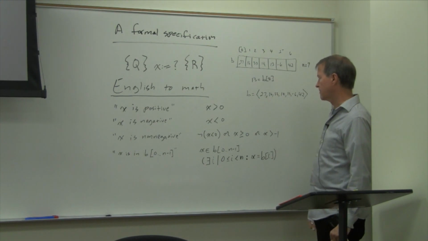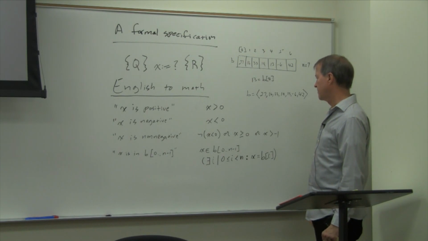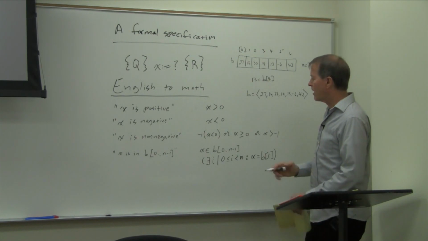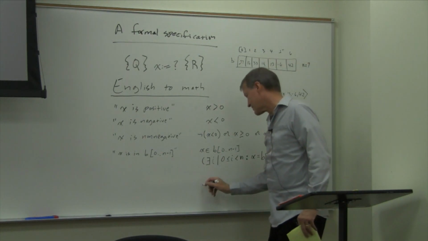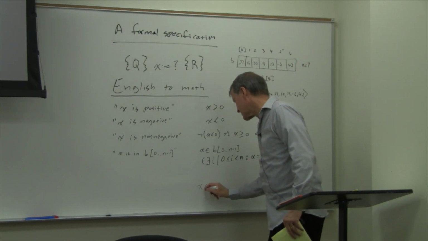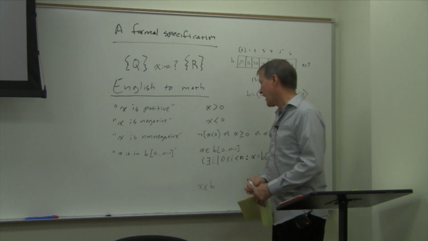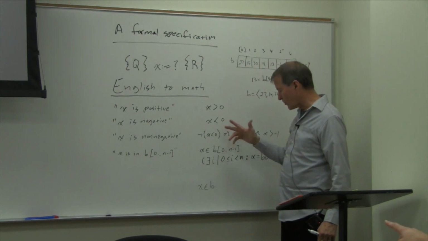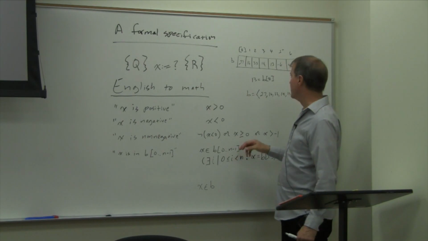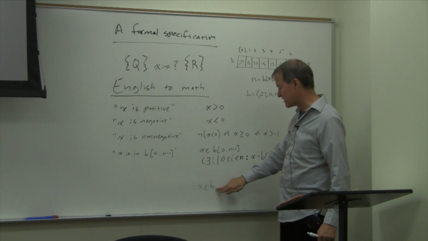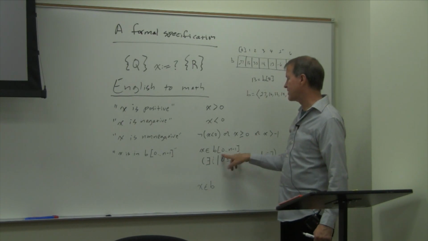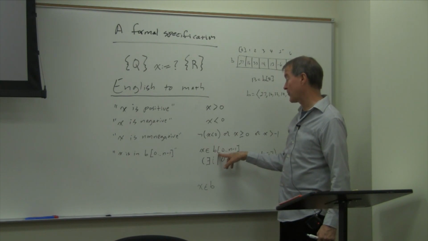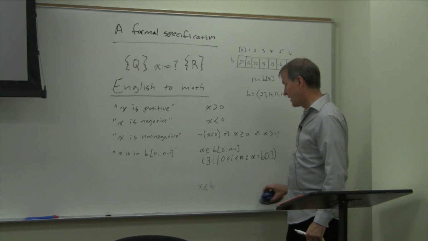But you can have x as an element of B. It's a legitimate expression to say x is an element of B if you want to omit the specification of how many they are and how they're indexed.